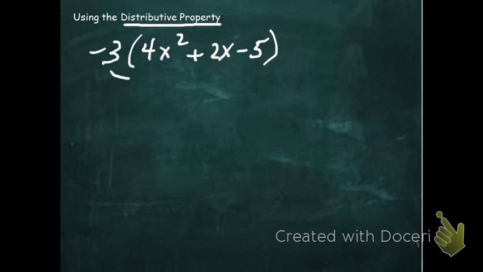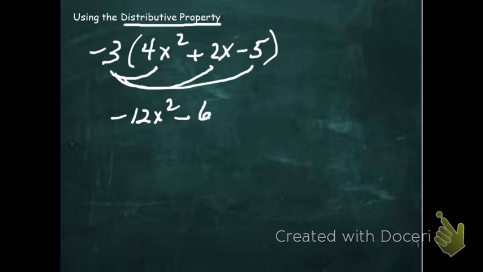What that means is that you want to multiply everything inside the parentheses by the number that's out there. So in this case we have a negative 3, so we've got to watch our signs. So we're going to get a negative 12x squared, a minus 6x, and then negative 3 times negative 5 is a positive 15.